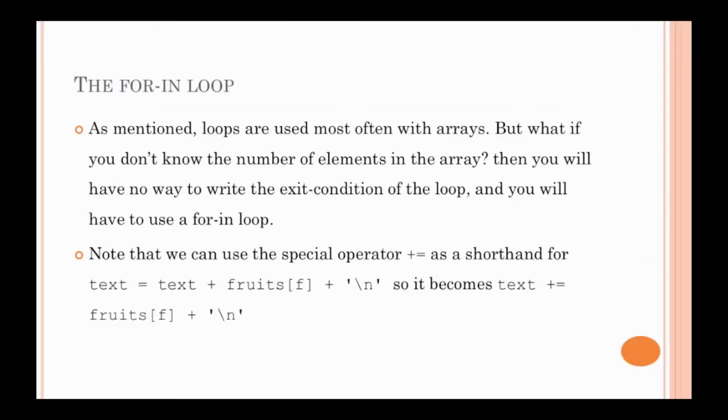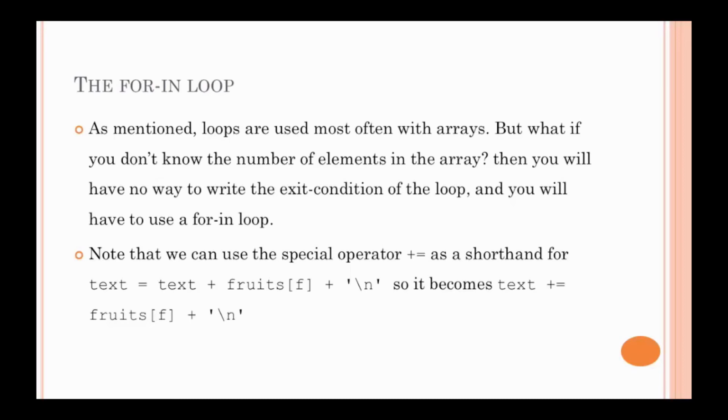Okay, and the last and the easiest type of loops is the for in loop. The for in loop is primarily used to work with arrays, and in a future section we'll see that it is also used to work with objects. The main advantage of the for in loop is that it is used when you do not know the number of iterations that you want the loop to iterate.